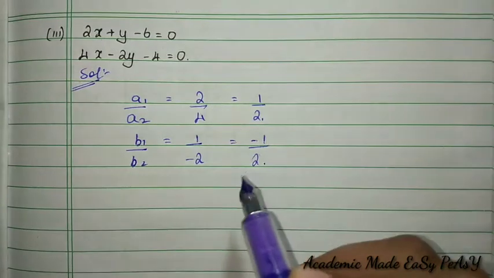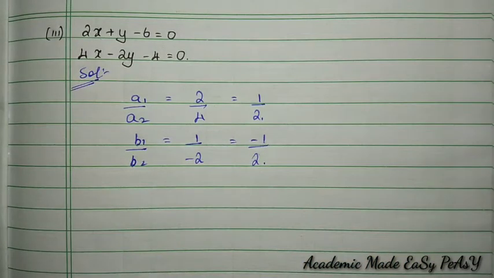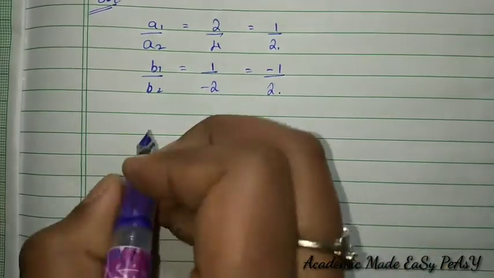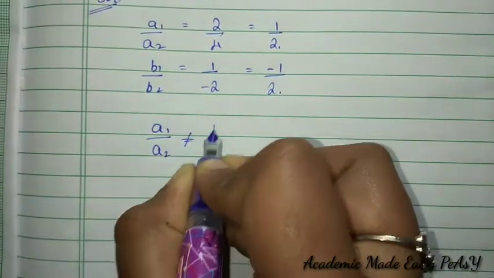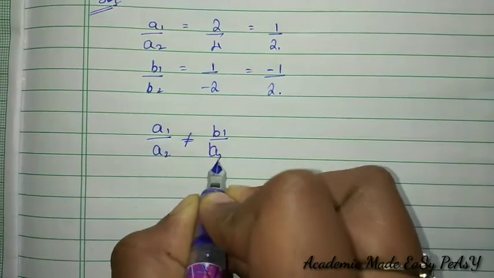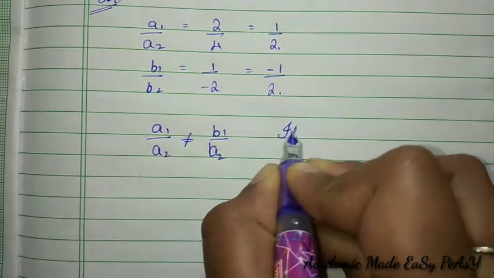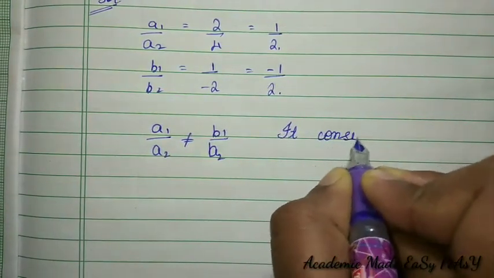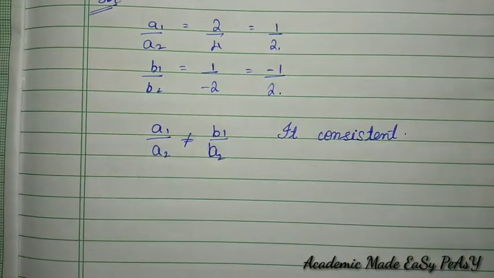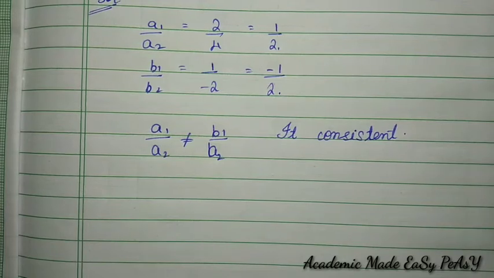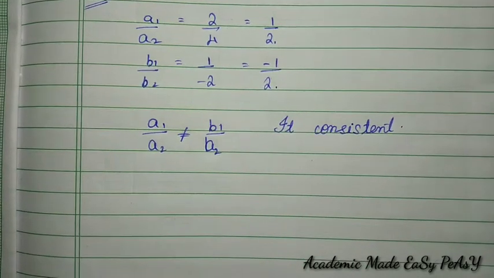Since a1 by a2 is not equal to b1 by b2, it means that it is consistent, that is, intersecting lines. So we can start finding the solutions for this. Now let's find the coordinate points.